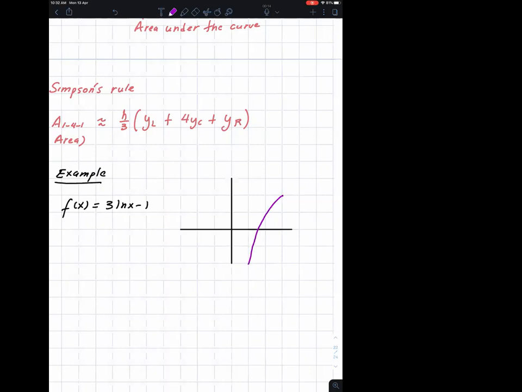Just assume that's a curve for that equation.